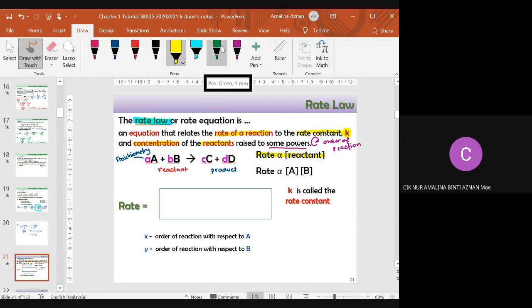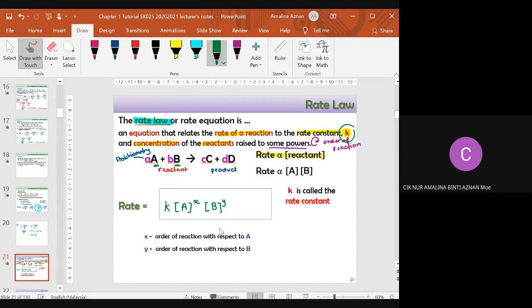Okay, so the way to write it: rate is equal to k, which is your rate constant, k times concentration of the first reactant A to the power of x. In this case, we put unknowns first. And then concentration of B, the second reactant, to the power of y.